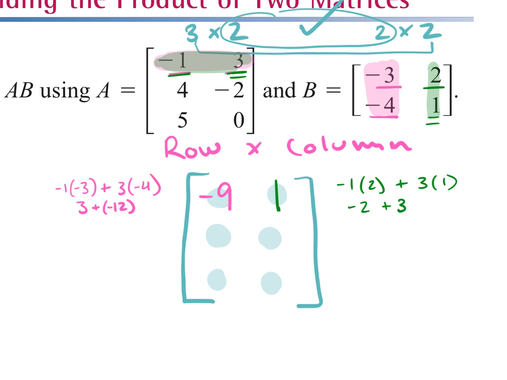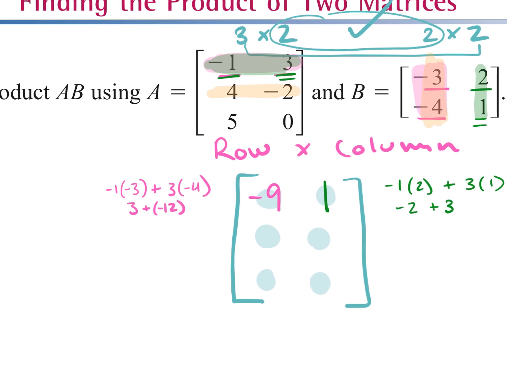Let's move on to the second row, first column. So in the second row, first column, we multiply the first number times the first number. So 4 times -3 plus the second number times the second number. -2 times -4.